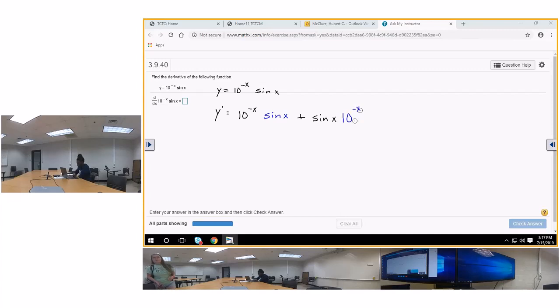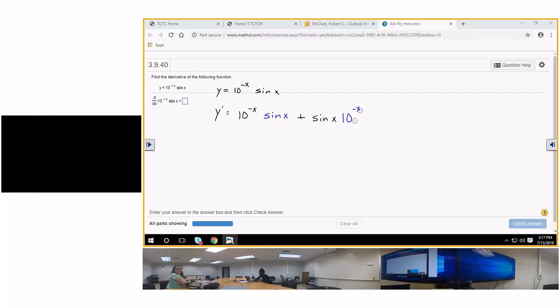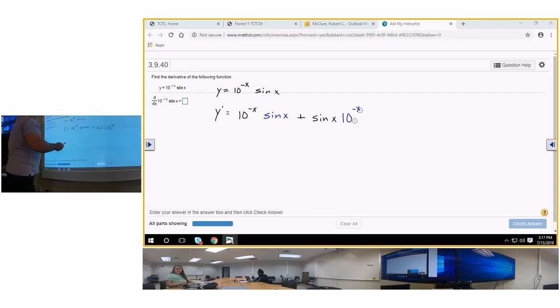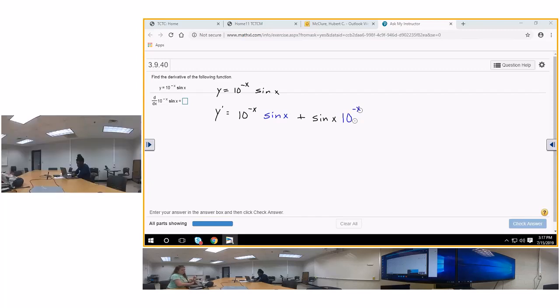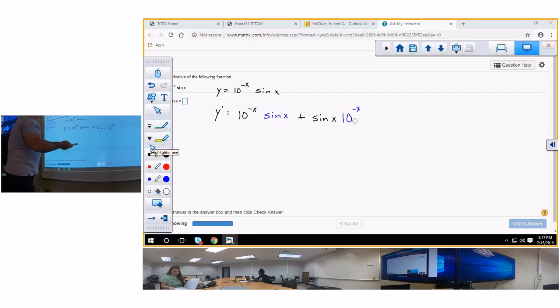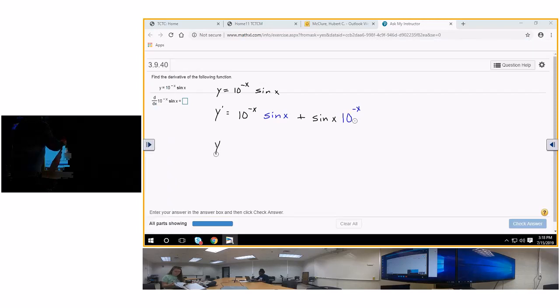So if you wanted to, you could take the 10 to the negative x, and you could do the natural log with that. The rule with the natural log, the exponential, is that you rewrite it as a natural log, 10 to the negative x.